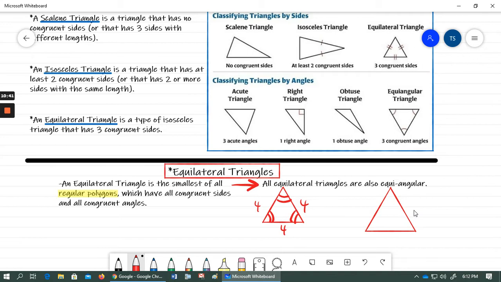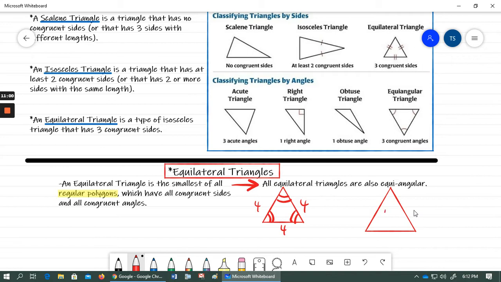first off, guys, let me make this point here. All right, so by now, since we've gone through the triangle angle sum theorem, you should know that all three of the interior angles for a triangle add to 180 degrees.